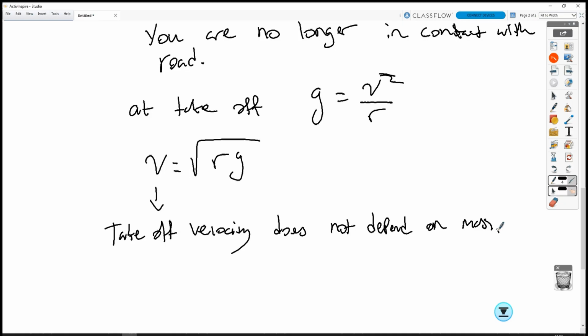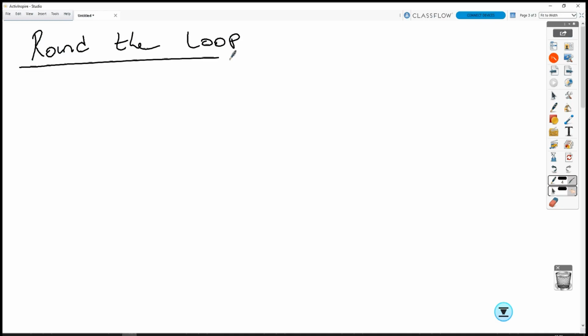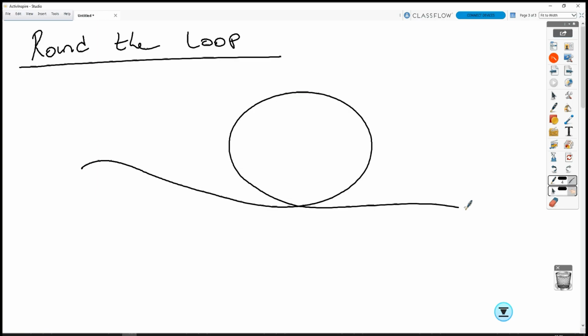Okay, let's start a new page. We'll do another example, which is round the loop. So we'll do a little sketch of a roller coaster ride.